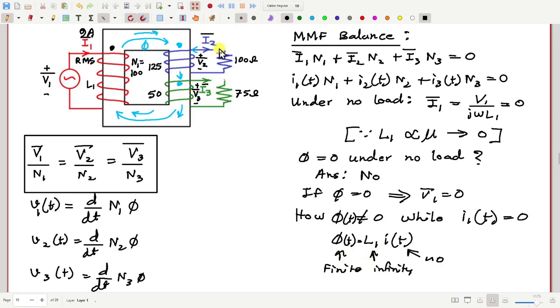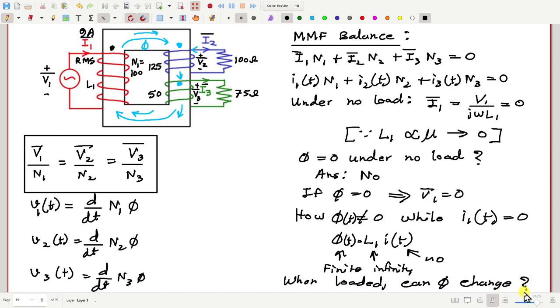Now when loads are applied, then what happens? Can phi change when loaded, that means impedances are connected? Anyone?